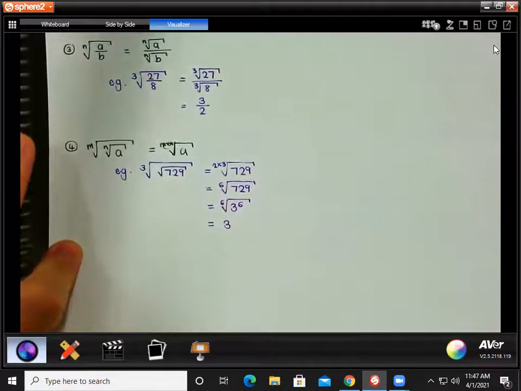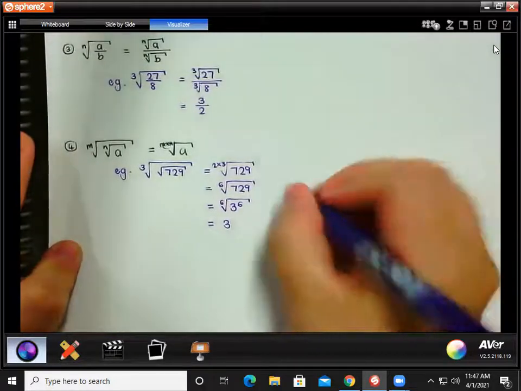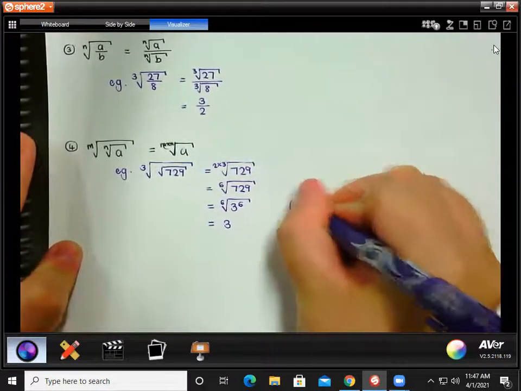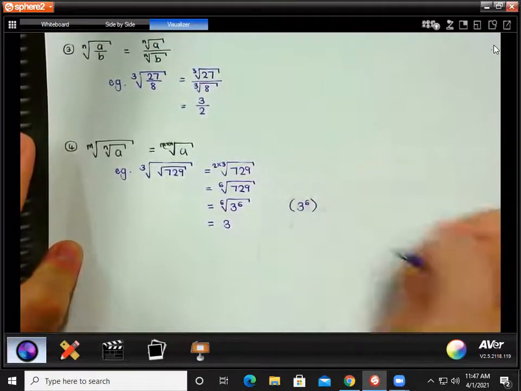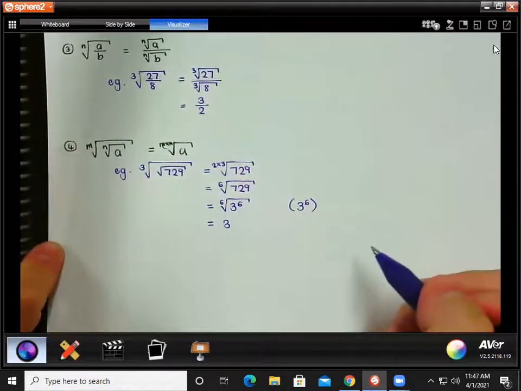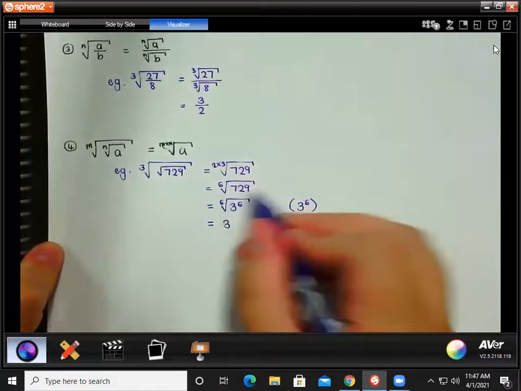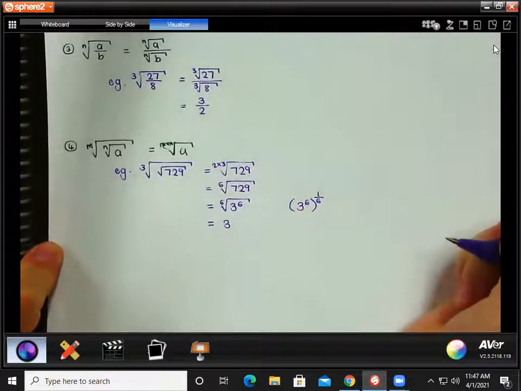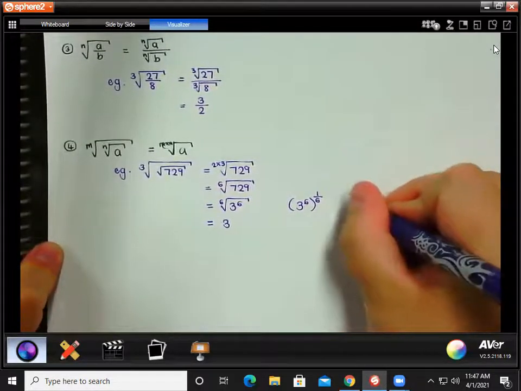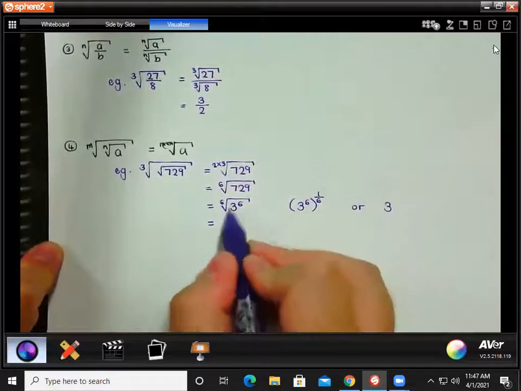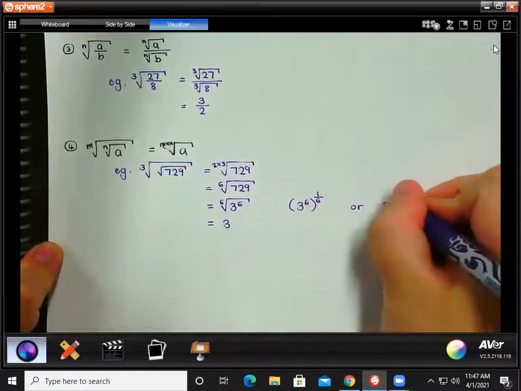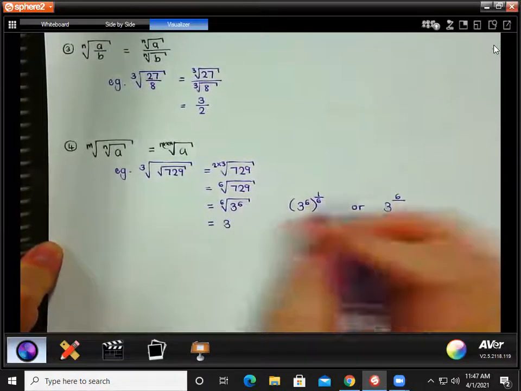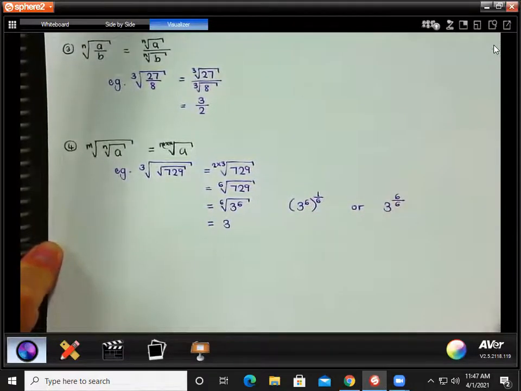Now, guys, the reason for why they're canceling each other out, I'm not sure if you know that. We have 3 to the 6 on the inside here, all right? And the square root of 1, or the 6th root of anything would be to the power of 1 over 6. Or the exponent on the inside becomes the numerator and the number on the outside becomes the denominator, right?